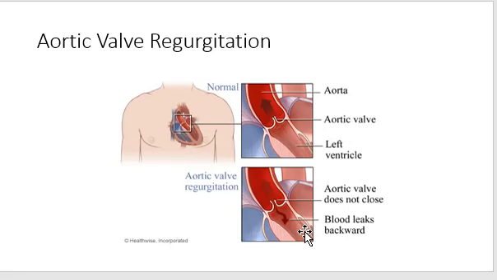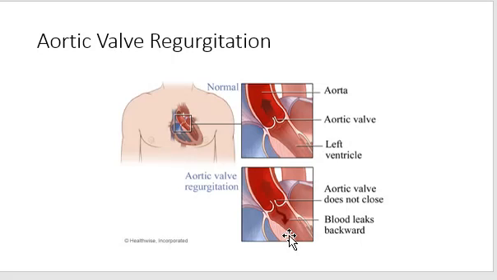The heart is overwhelmed because it has to pump harder to circulate the blood, and the heart will eventually become enlarged. So you'll see dyspnea on exertion.